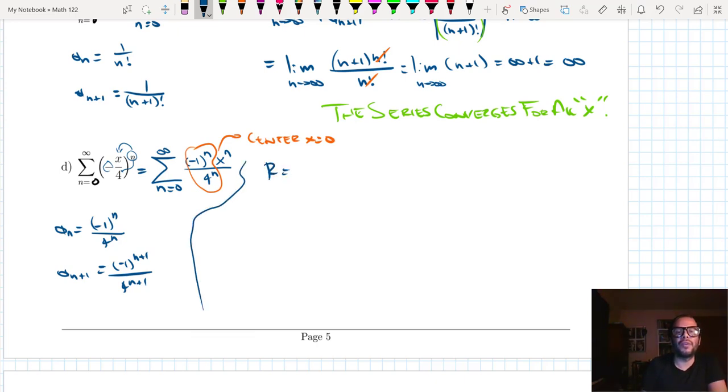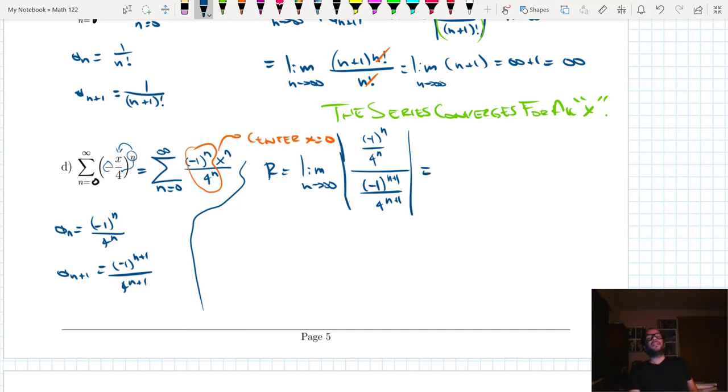R equals the limit as n approaches infinity of the ratio of negative 1 to the n divided by negative 1 to the n plus 1 divided by 4 to the n plus 1. Okay, so notice what is going to happen here. I'm going to just drop these guys right here: negative 1 to the n, negative 1 to the n plus 1.